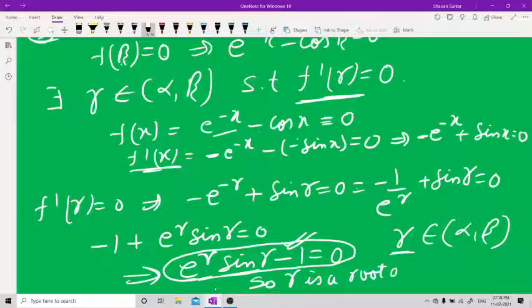So gamma is the root of what? e to the power of x sin x minus 1, because e to the power of gamma sin gamma minus 1 is becoming 0. So gamma is the root. Now let us take another question.